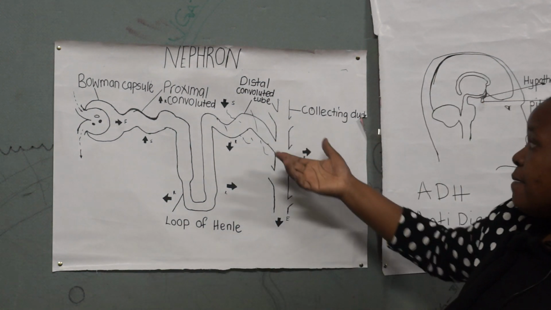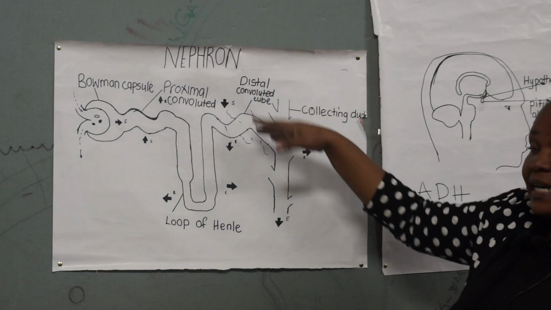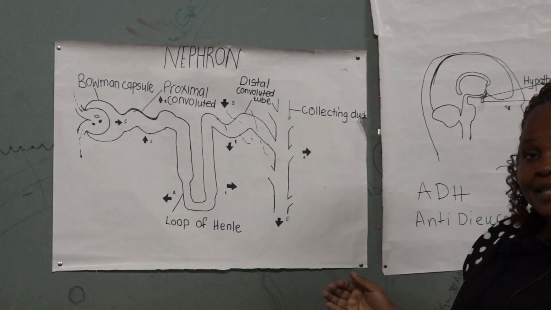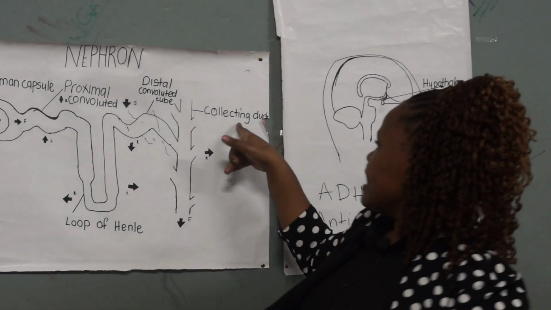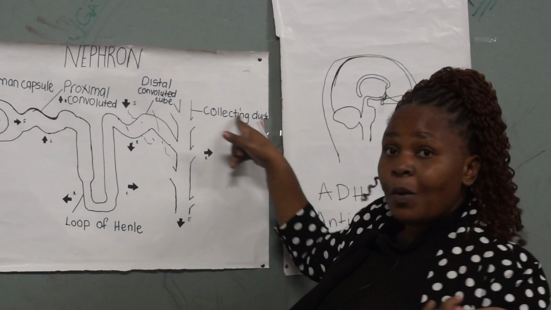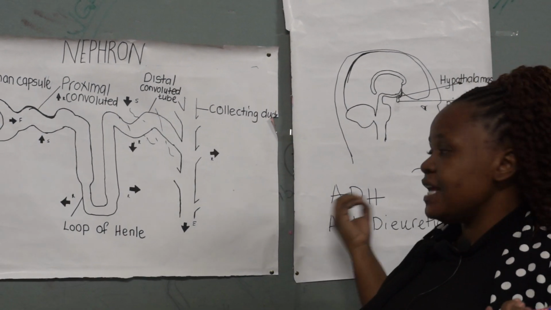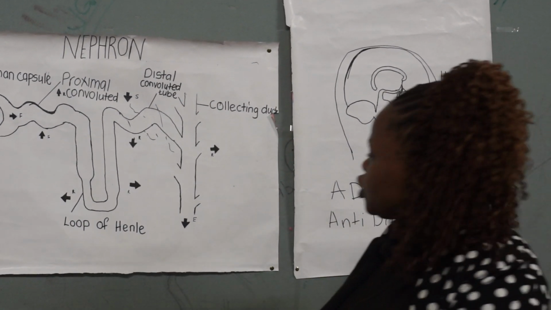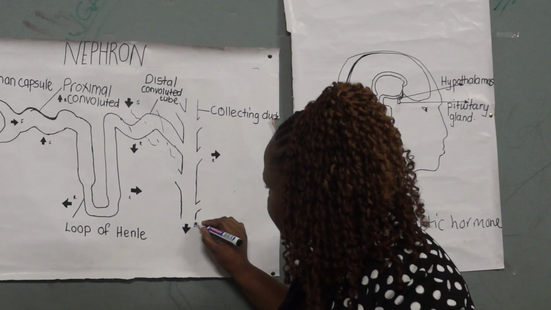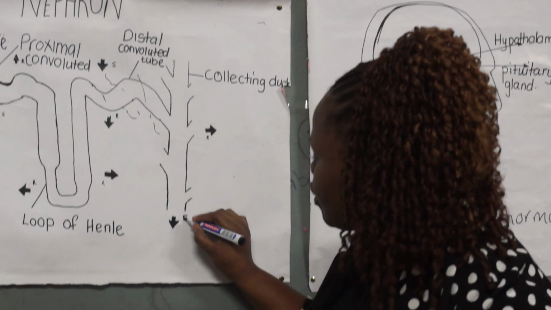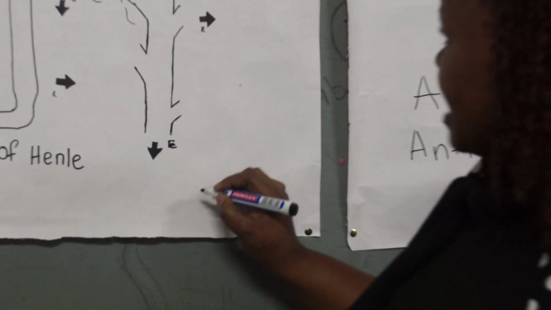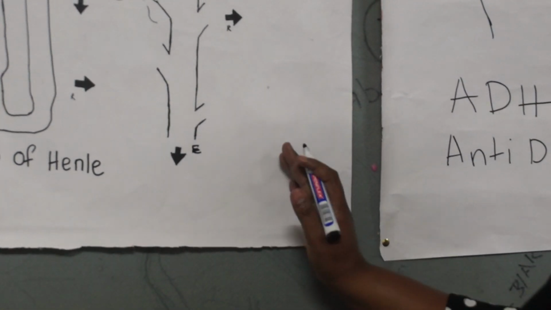and then later on moves by osmosis to the nearby network of capillaries, and goes back to the what? To the blood. Again, in the collecting duct, that is what is going to happen. More water is going to be reabsorbed again. So eventually we are going to have this liquid E, which is urine. Why?